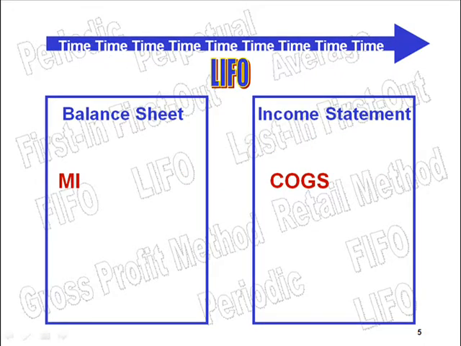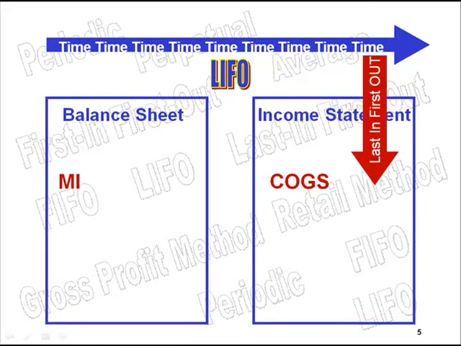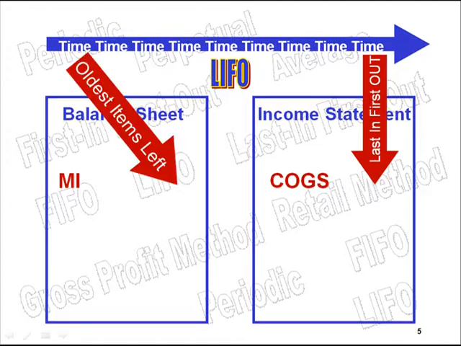Under the LIFO assumption, we would expect the opposite to be true: the income statement would get the most recent information. The latest items would be part of cost of goods sold on the income statement. Therefore, if there is a merchandise inventory, it would be assumed to be the amounts from the oldest items, the ones acquired earliest.